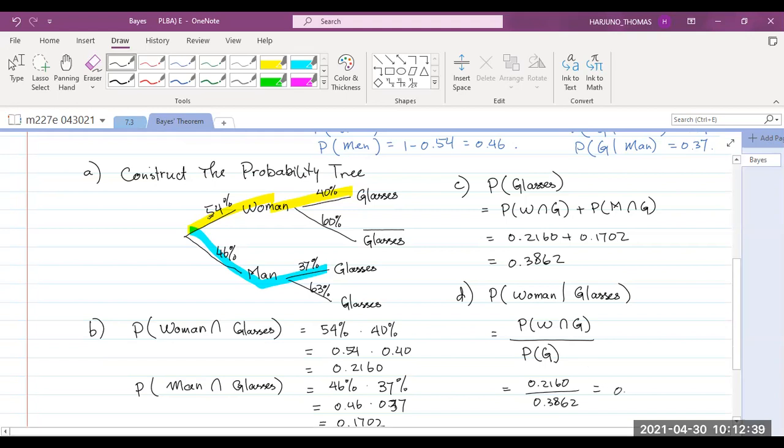That's 0.55930. So approximately 55.9% of those wearing glasses are women.